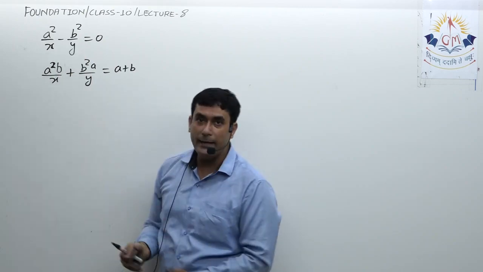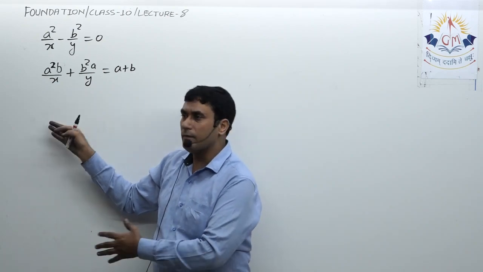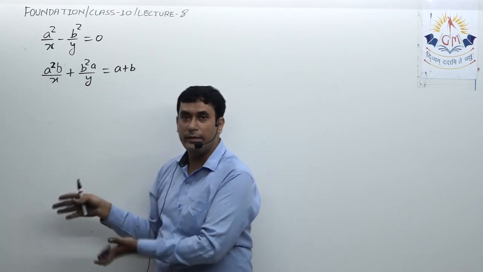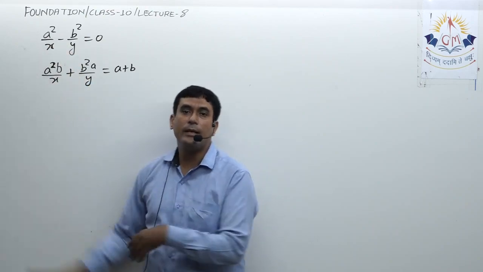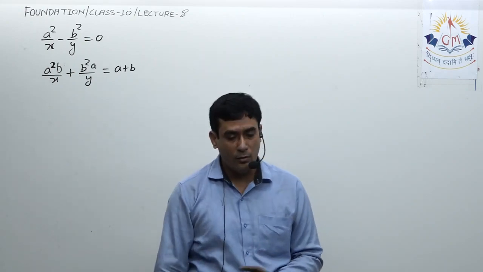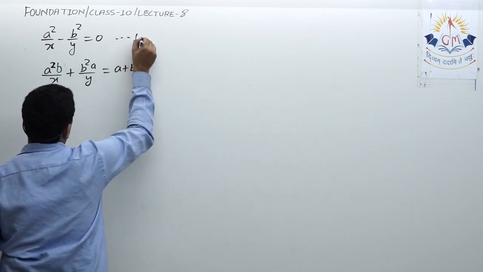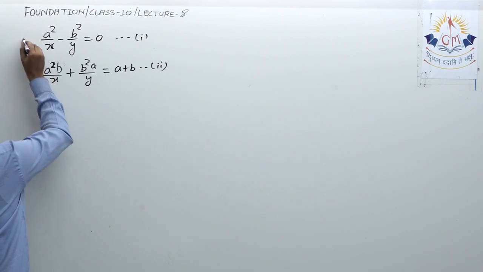So just by adding them I can eliminate 1 upon y, or in other words I can eliminate one term which contains at least one variable. So the remaining equation will be in a single variable and it is easy to get the value of that variable.